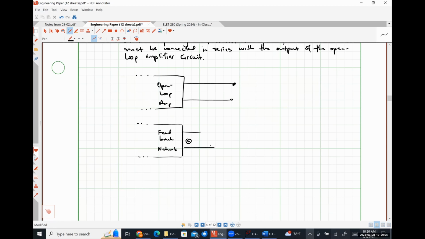So I'm going to define my output current as flowing in to the output port of my open loop op amp.